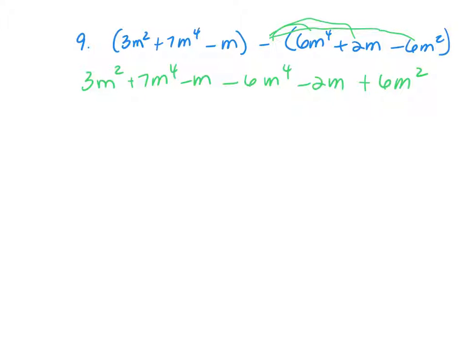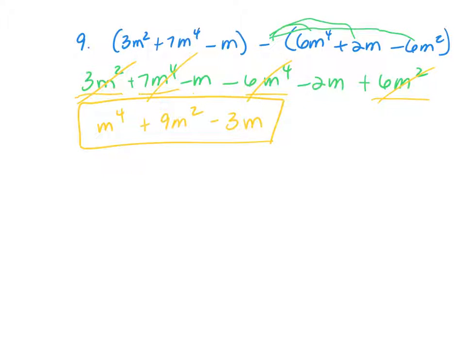So we've got the fourth and the fourth. 7 minus 6 is m to the fourth. They're gone. Then I have no thirds, right? And then I have second. 3m squared plus 6m squared is 9m squared. And then the plain m's, negative m minus 2m is negative 3m. And that is your answer.